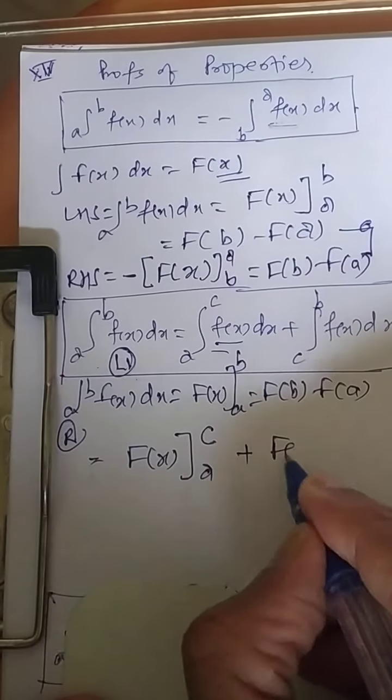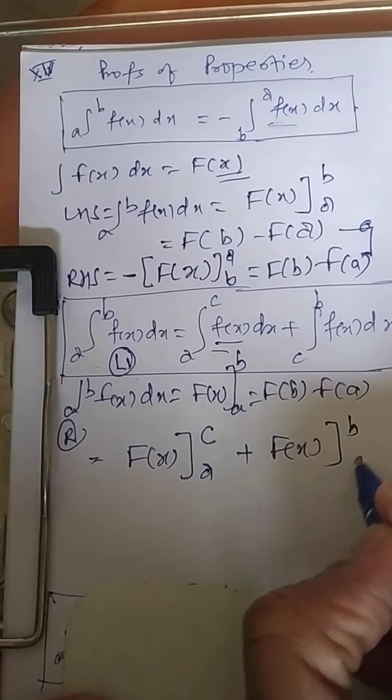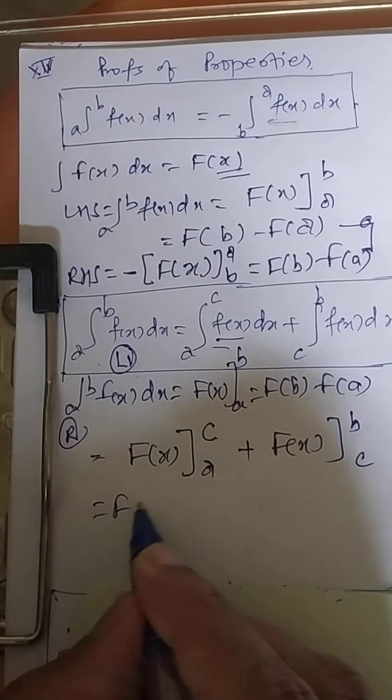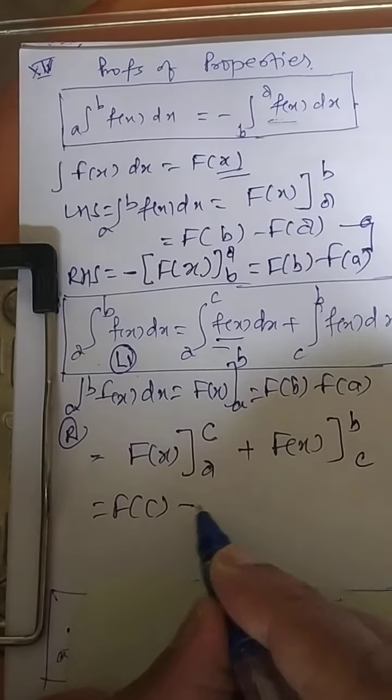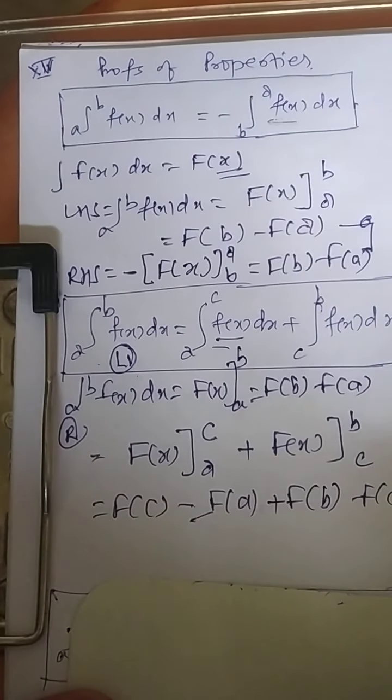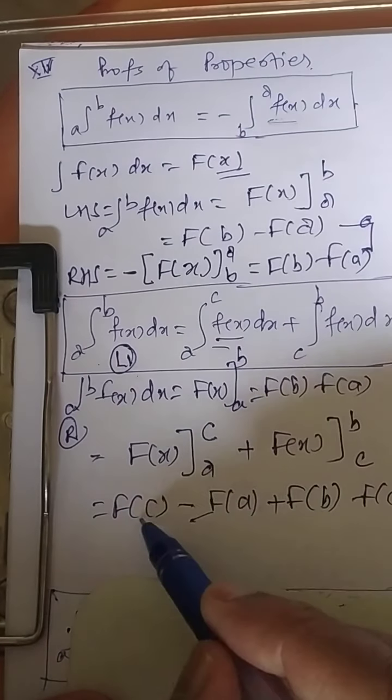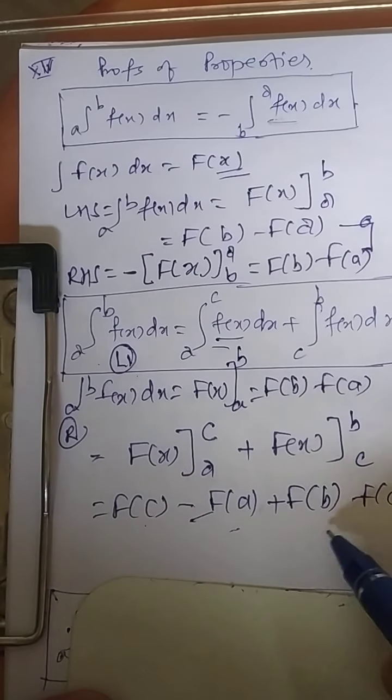Now again it will be capital F of x, upper limit is b and lower limit is c. Simplify, it will be F(c) minus F(a) plus F(b) minus F(c). This will get cancelled.